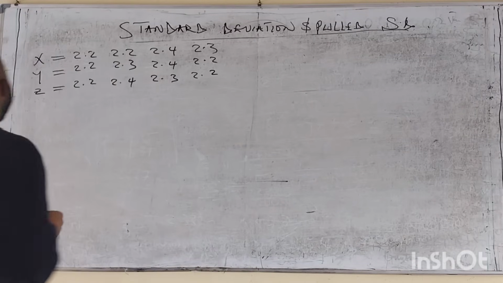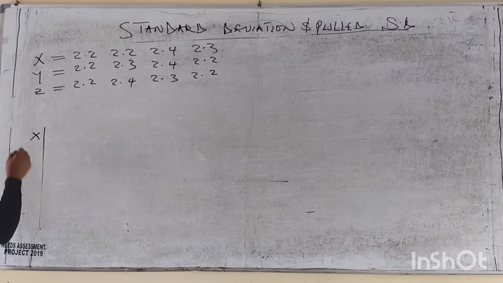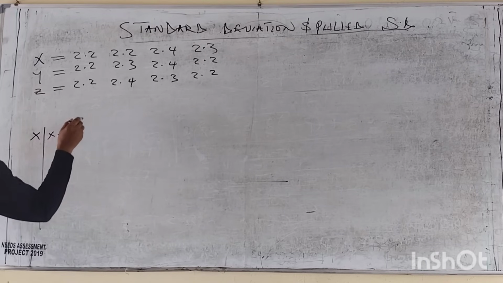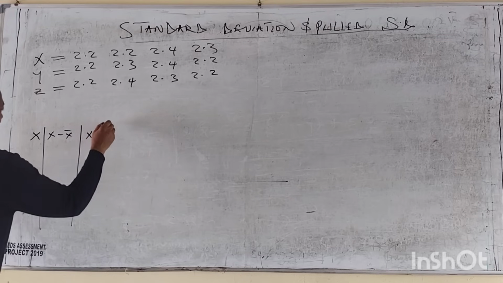So let's start with the x. So I have my x minus mean, x minus mean squared.